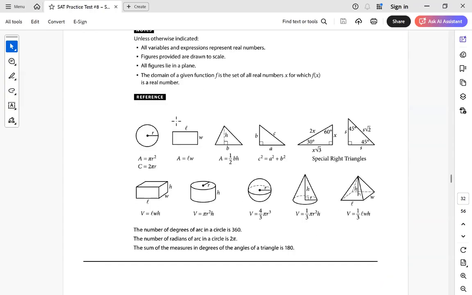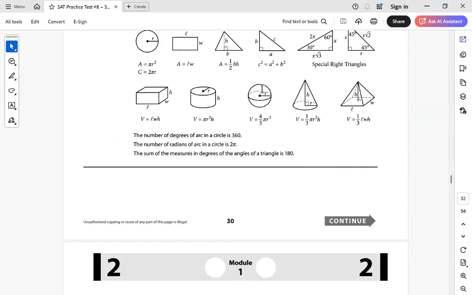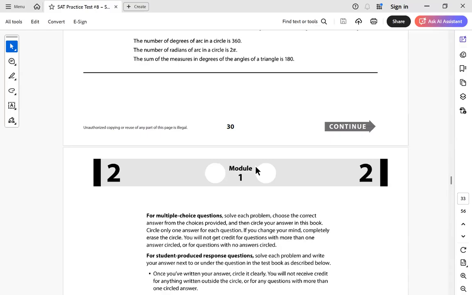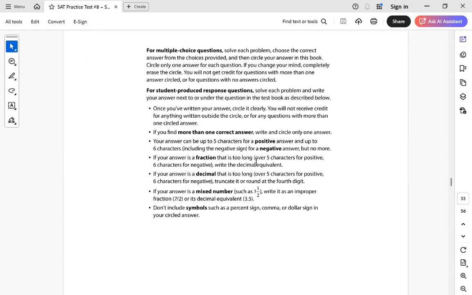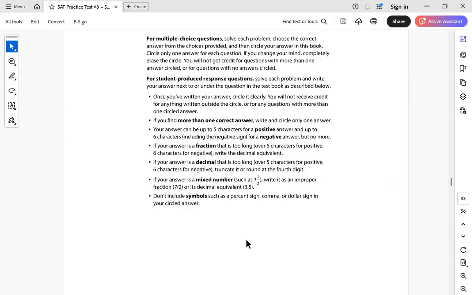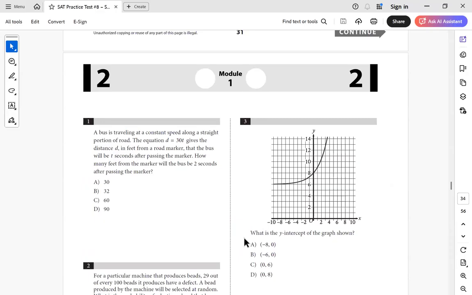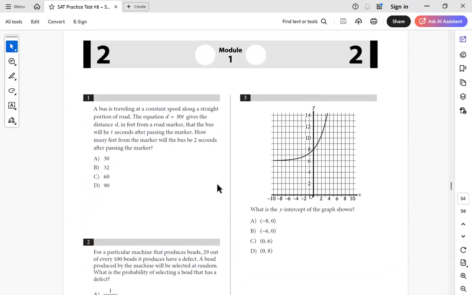It starts with some formula sheets and formulas and facts. And then the second page describes how to format the answers. And then on page 32, the actual questions start.